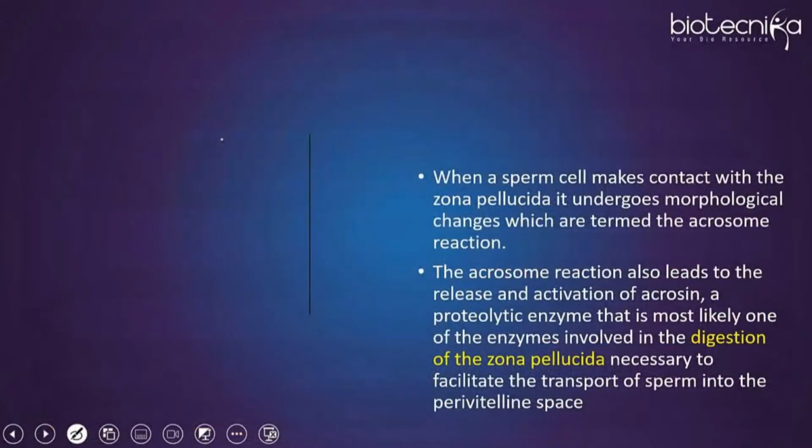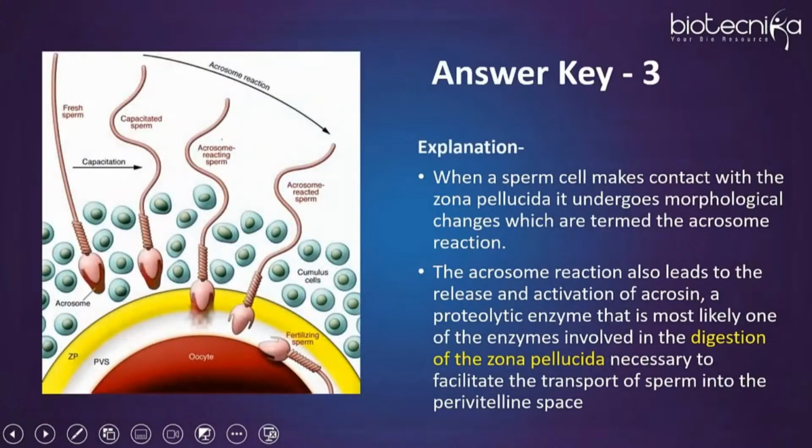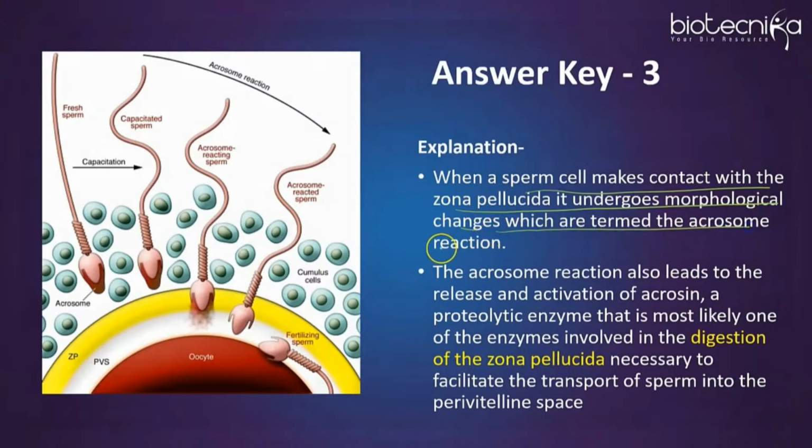If you see the diagram over here, when a sperm cell makes contact with the zona pellucida, it undergoes morphological changes which are termed the acrosomal reaction. The acrosome reaction also leads to the release and activation of acrosin. It is a proteolytic enzyme that is most likely one of the enzymes involved in the digestion of the zona pellucida, necessary to facilitate the transport of sperm into the perivitelline space.